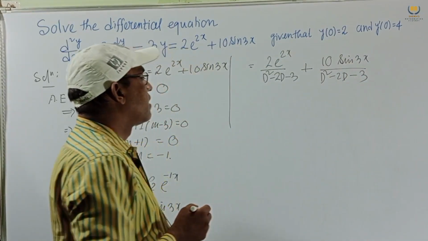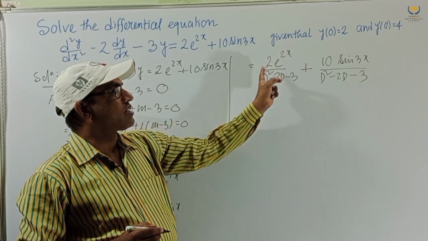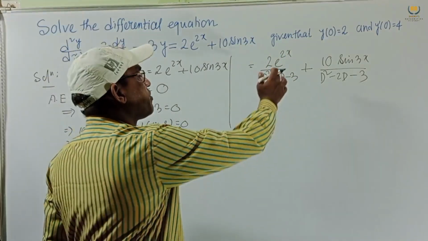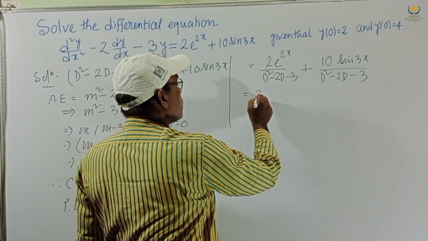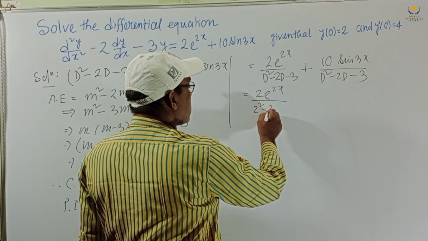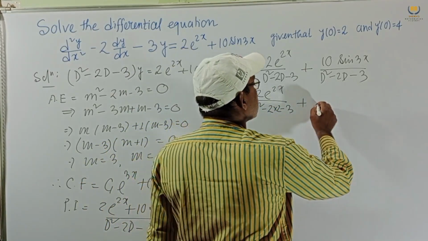Now if it is exponential, the coefficient of x is 2, so we put D equal to 2. In place of D we put 2 because the coefficient of x is 2. So 2 e to the power 2x over 2 squared minus 2 into 2 minus 3.